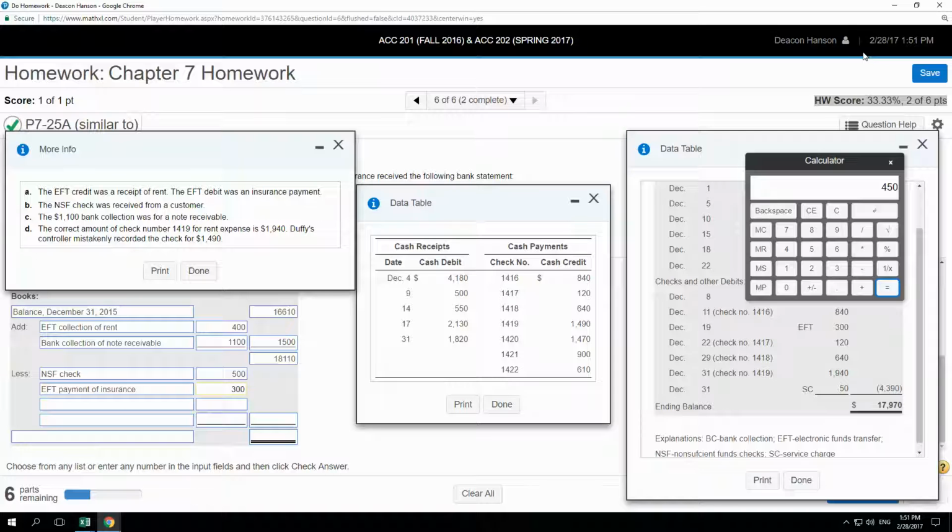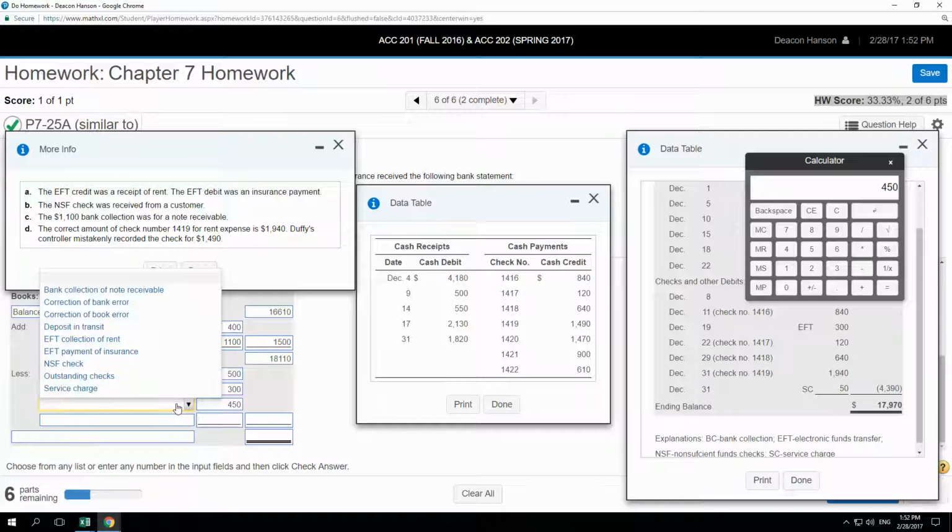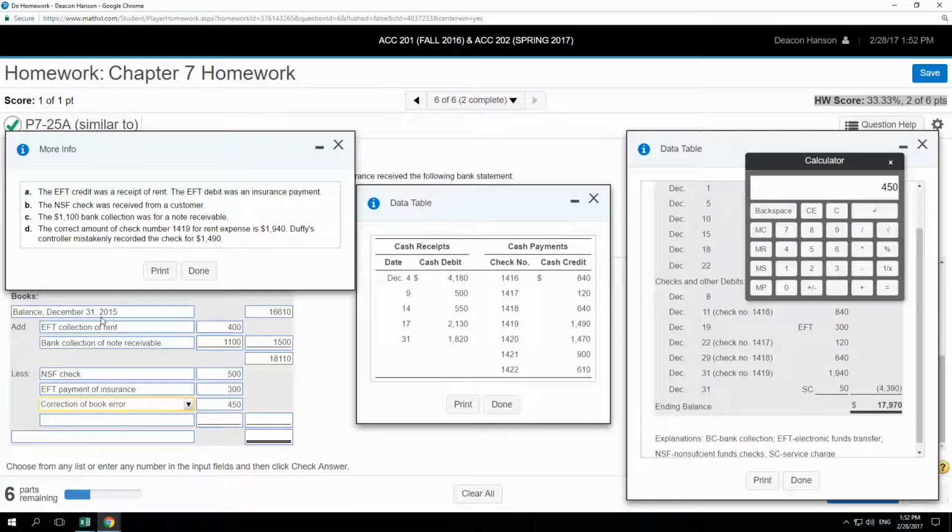We're missing 450 on that check number. So we can say this is a correction of a book error. Remember, the bank did not make the error. We made the error, so we're correcting our book balance. Then you can keep moving along.